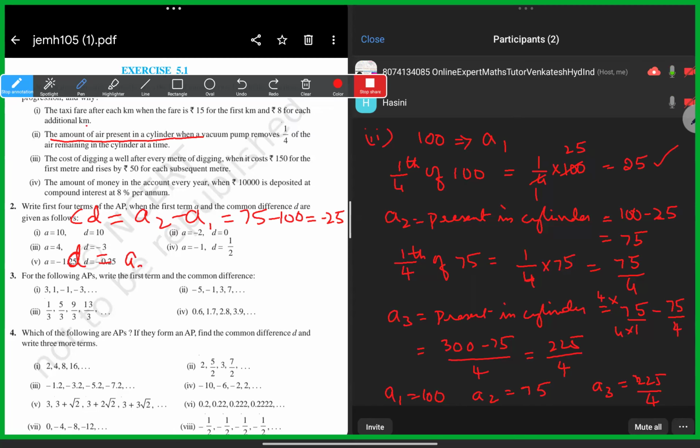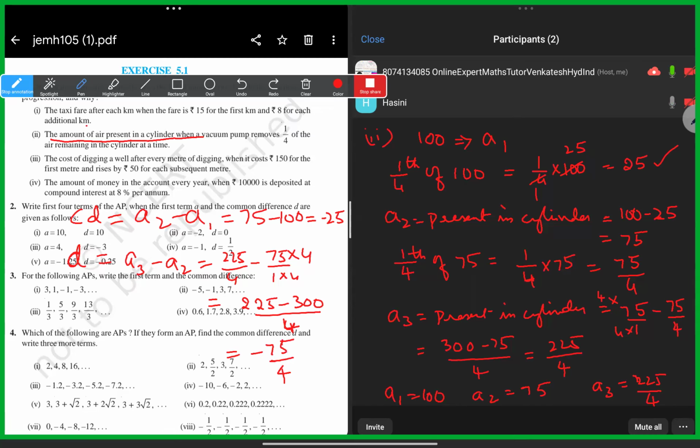A3 minus A2 I am doing first: 225 by 4 minus 75, with 75 as 1 into 4 into 4. So 225 minus 300, LCM I am doing. 225 minus 300 is how much? Minus 75 by 4.